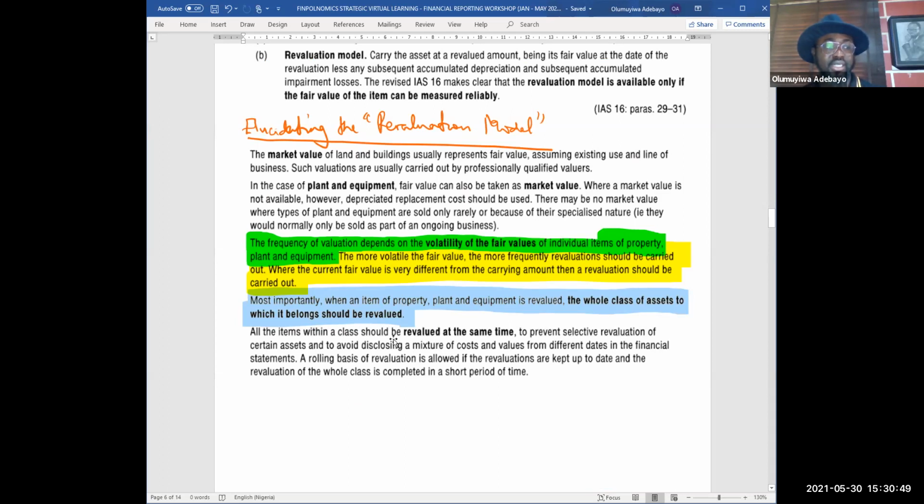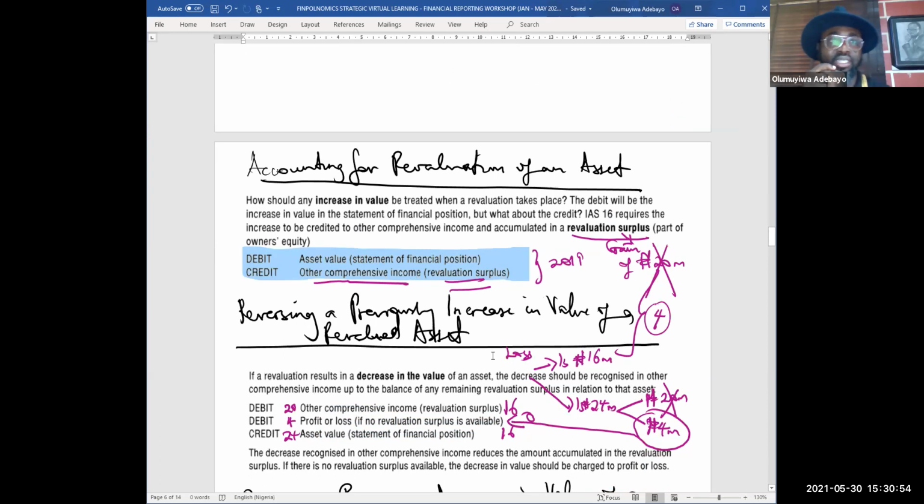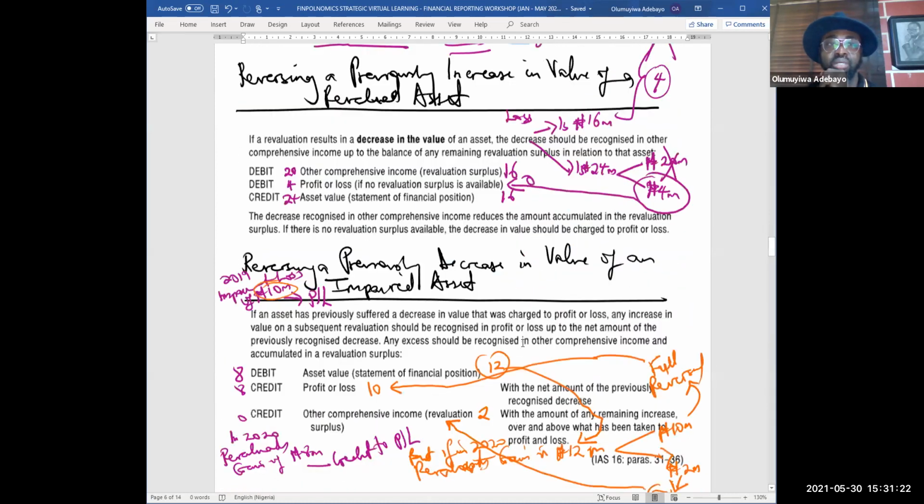Another one we looked at yesterday in part one is accounting for revaluation, where you initially recognize a revaluation surplus and subsequently an impairment loss or decrease in valuation, or initially recognize an impairment loss or decrease in valuation and subsequently recognize an increase in valuation. All of these were discussed in part one.